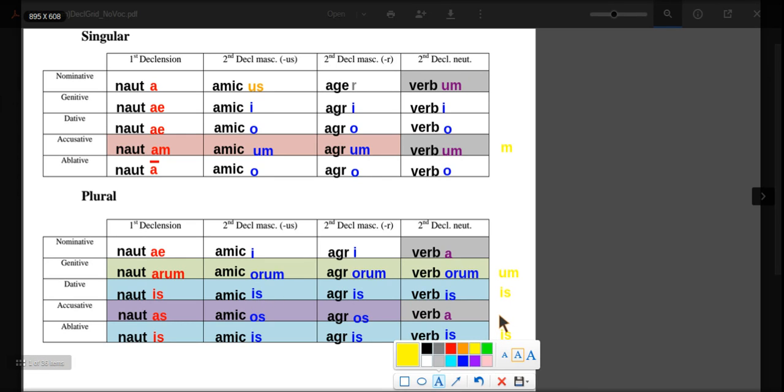And then if you come down here to your accusative plural, you notice that for your masculine and feminine nouns, you have that s ending in your accusative plural always. Same goes for all of your declensions. Why your neuter does not have that is, once again, because it's a neuter, so you want that short a ending for your nominative plural and accusative plural.